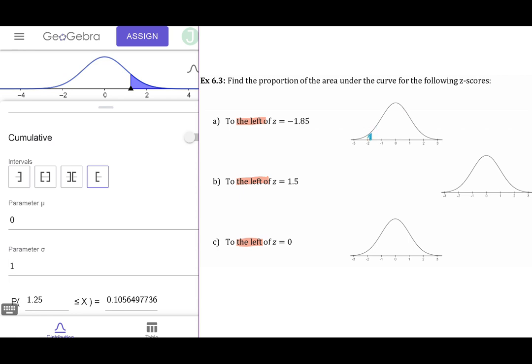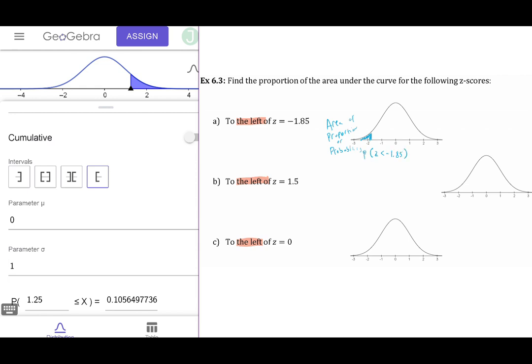We want to shade to the left of negative 1.85. We want to find the area or the proportion or the probability that our z-score is less than negative 1.85.